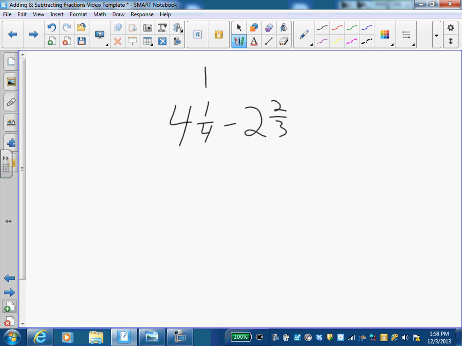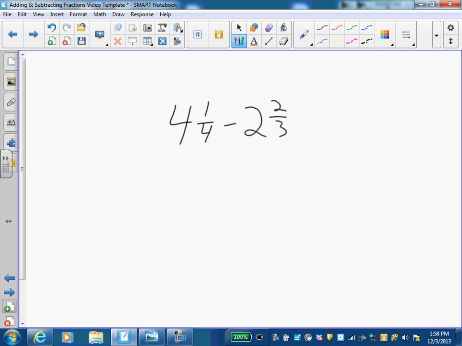I know that this fraction is smaller than this one because I've already worked with them. But I can do it because in front of those two fractions are whole numbers, and 4 is larger than 2. So I can have 4 1/4 of something, say yards of fabric, and I can take away from it 2 2/3 yards of fabric because 2 is less than 4.